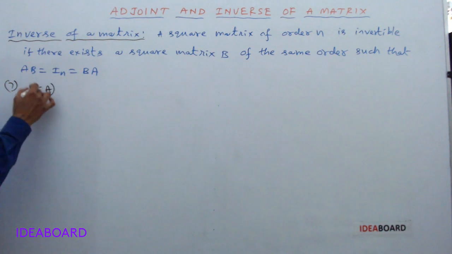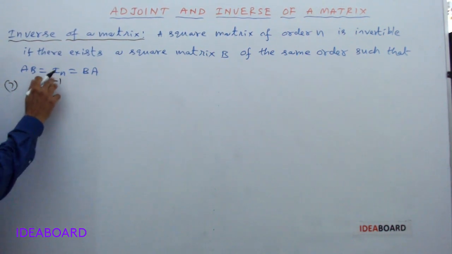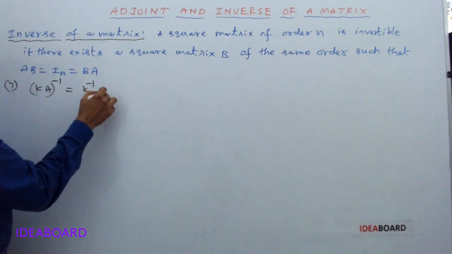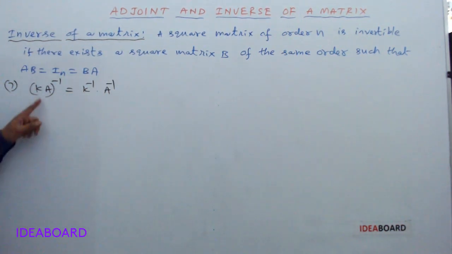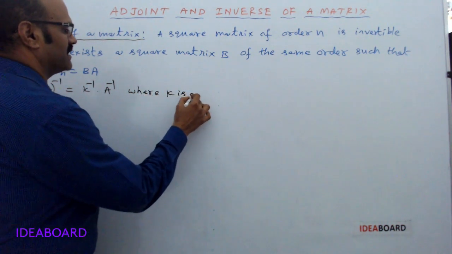Next, if A is an invertible matrix, then kA whole inverse is always equal to k inverse into A inverse, where k is a scalar.